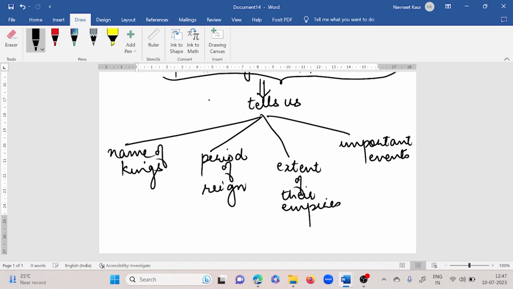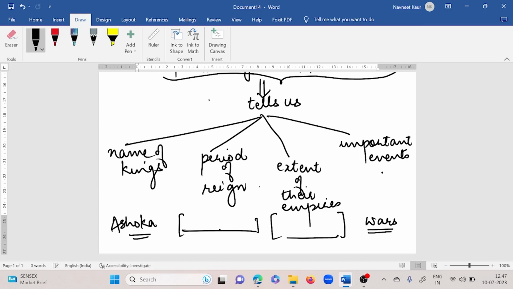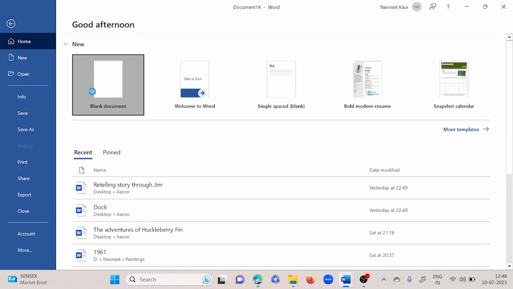Suppose I talk about Ashoka, it will tell me during what to what years he was the king, how magnanimous was his empire, and what important events took place at that time. There were some wars or some cultural events or something like that. So first, they tell us about name of kings, period of the reign, extent of their empires, and important events during their time.